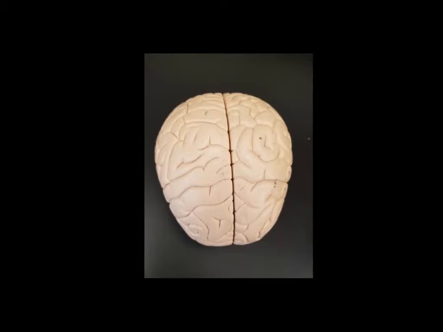And when we look at the brain, you can see it's very wrinkly looking. There are some raised areas and some kind of sunken in or folded in areas. Each of these will have a specific name given to them. The raised parts, each one is called a gyrus. So any part of the cerebrum that is raised is a gyrus.